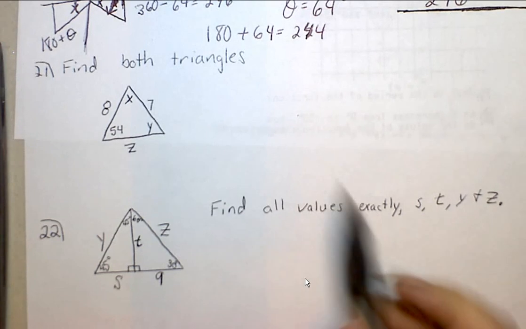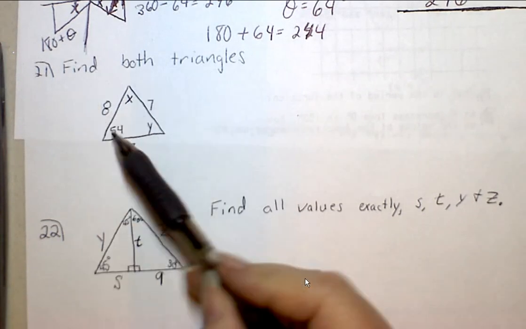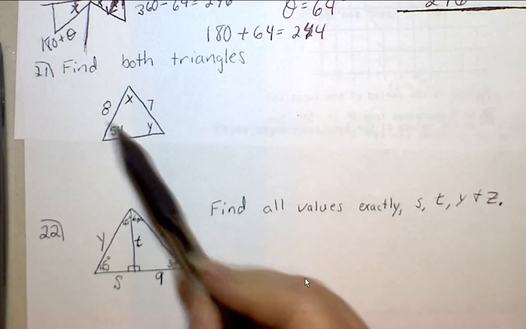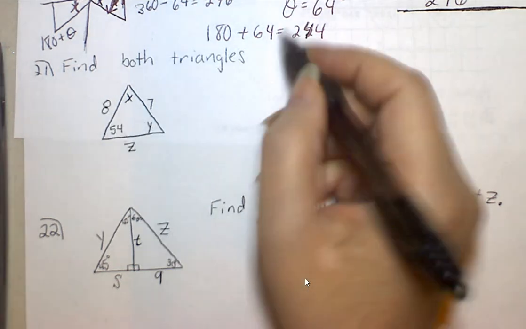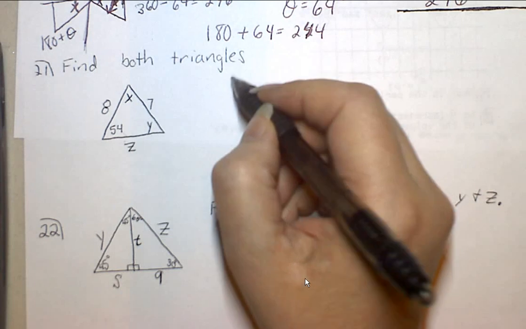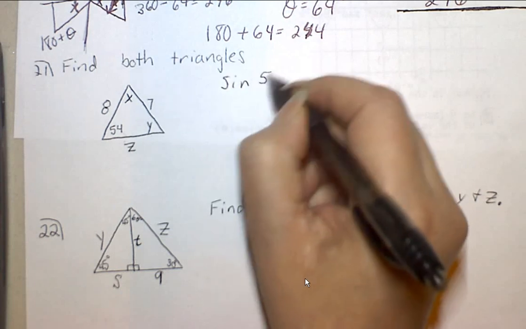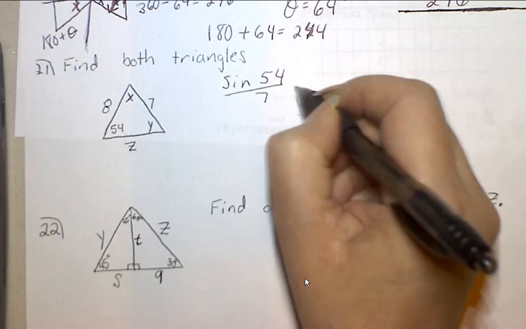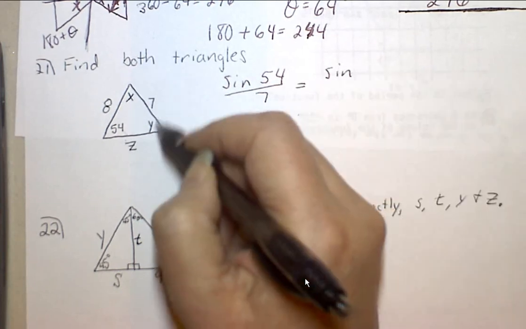Find both triangles. Alright, so the first thing we have here is I have an angle and a side, an angle and a side with only one unknown. So it means I can use the law of sines. So I have sine of 54 over 7 is equal to sine y over 8.